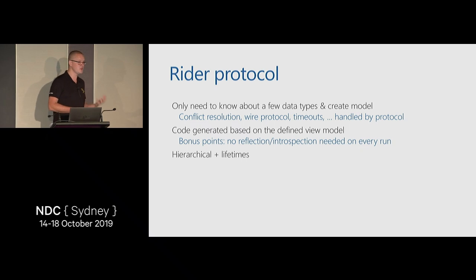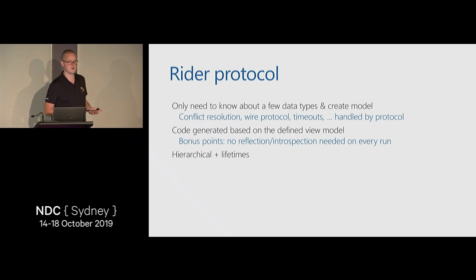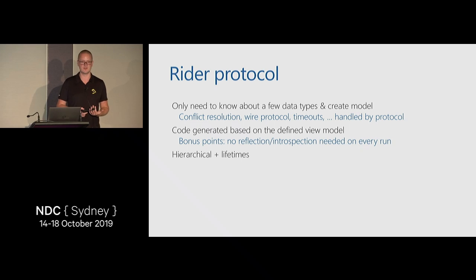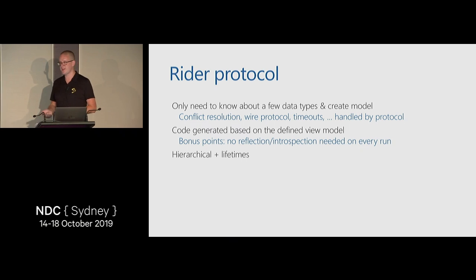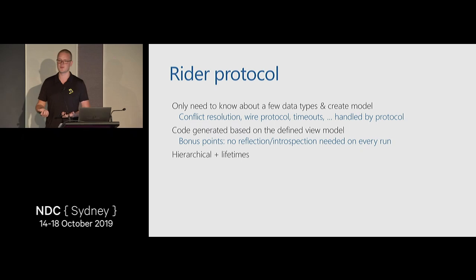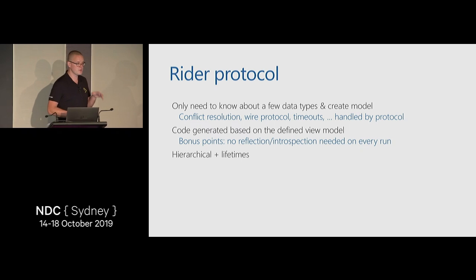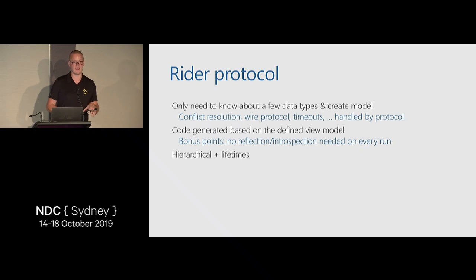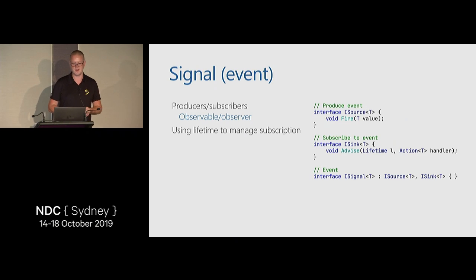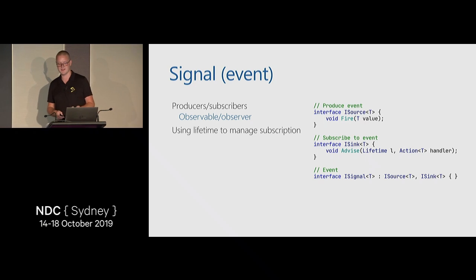And the good thing is, by generating that code, we don't have anything that has to do with introspection or reflection or whatever to figure out what the structure of that code is, because the code is generated in C# for the .NET side, so we just work with the C# side there. The protocol is also hierarchical and supports lifetimes. Now that sounds a bit abstract, I know, so let's go over that in a second.